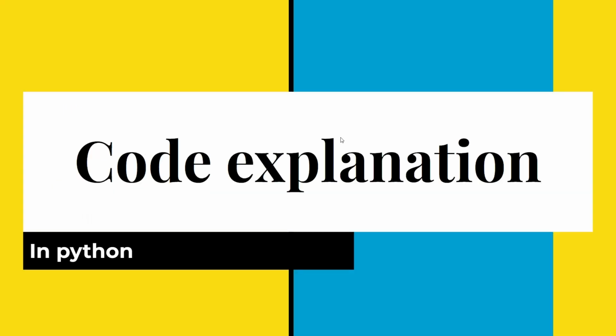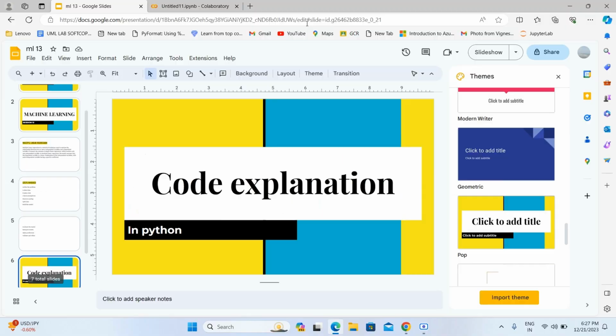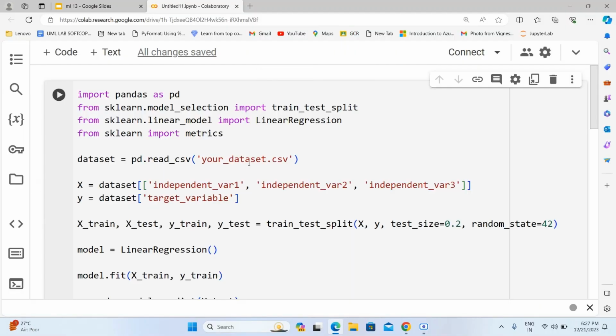Now we will see the code in Python for multiple linear regression. First you need to import all the necessary libraries. The first one is import pandas as pd, and you need to import train_test_split, import LinearRegression, and import the metrics to print the metrics.